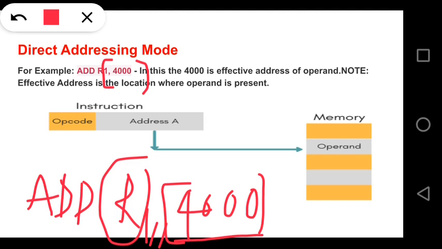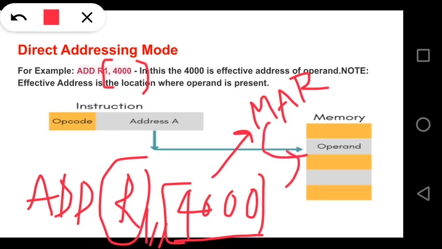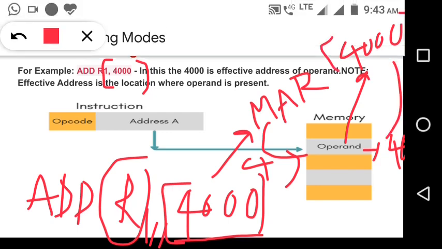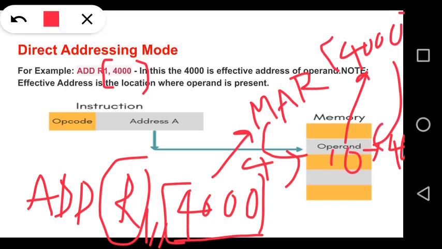So take that address and store it, perform one memory read operation, fetching from the memory, place it in the address register, from MAR go to the operand. So the address 4000 is where the operand value, let's assume 10, is stored.